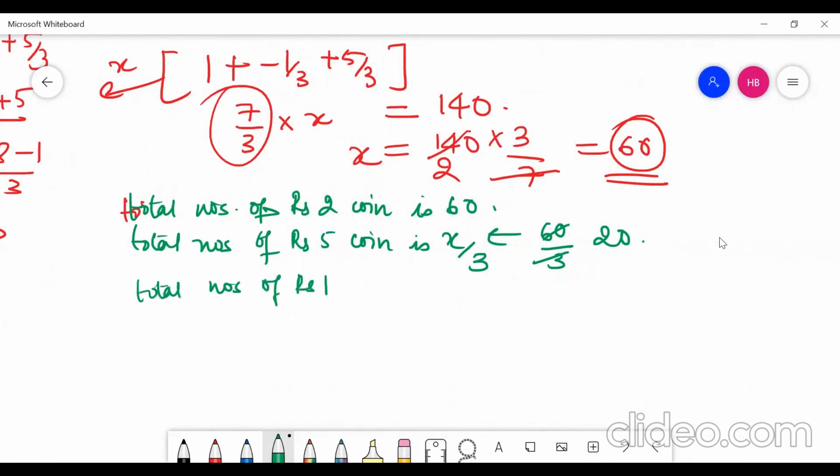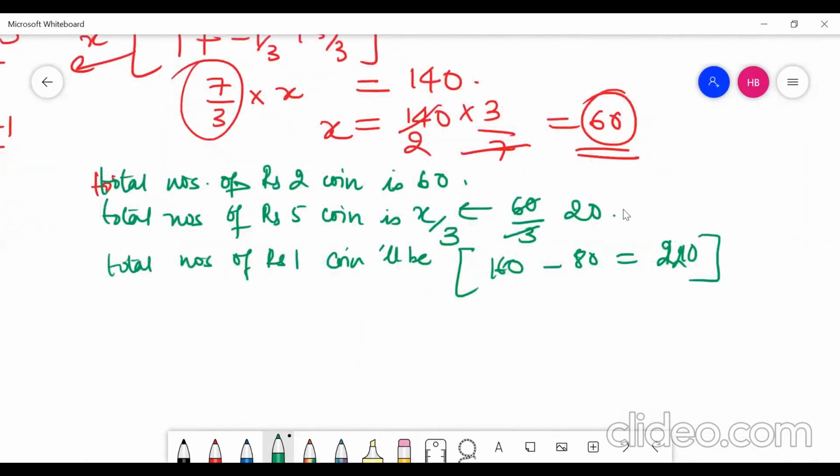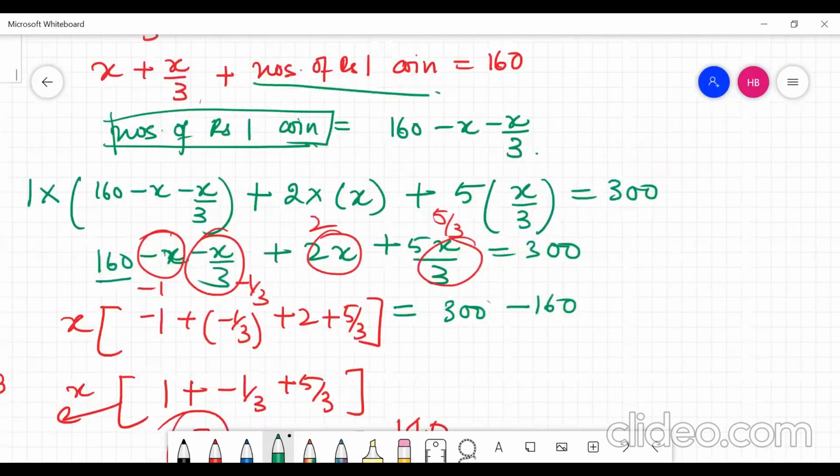And the total number of 1 rupee coin I can directly find. Okay, I'm so sorry, it would be 160 minus 80, because the total number of coins was 160, right? So I would do 160 minus 60 minus 20.